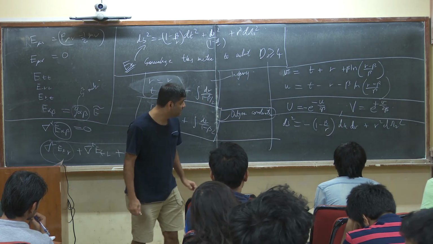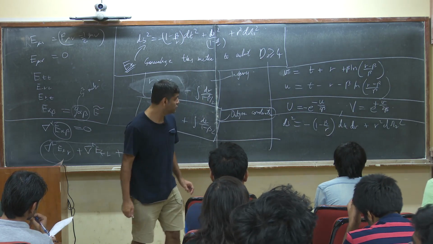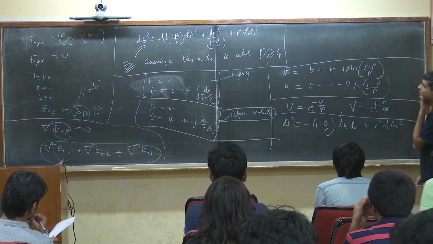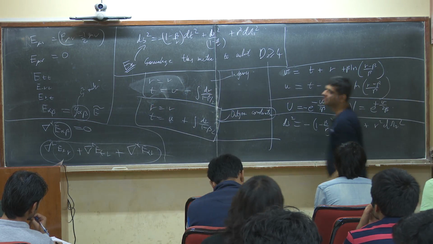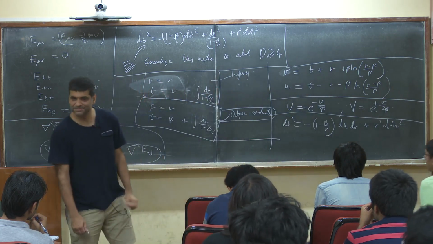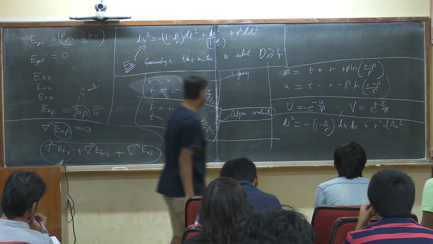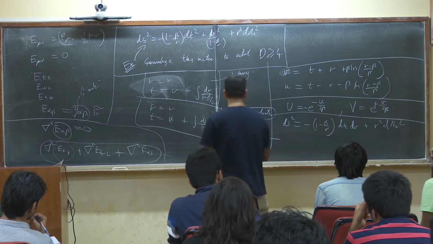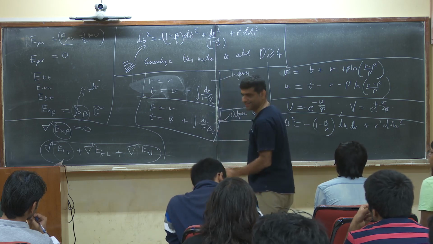Did I get the sign right? We can check by going to infinity. Then it should be dt squared minus dr squared, so no factor of 2, and the minus sign is right. Perfect.